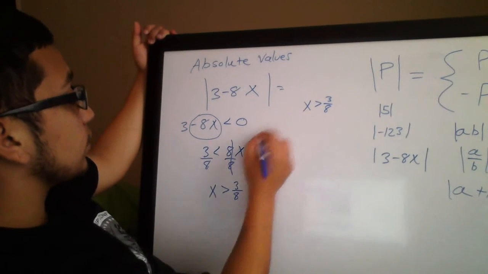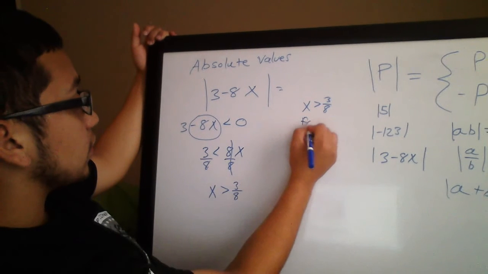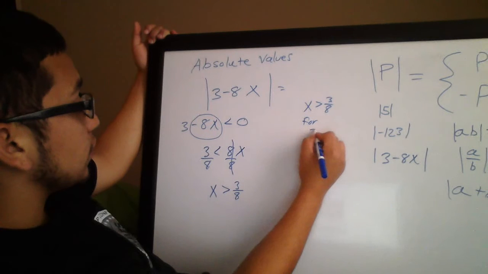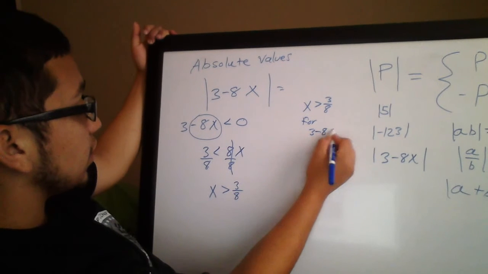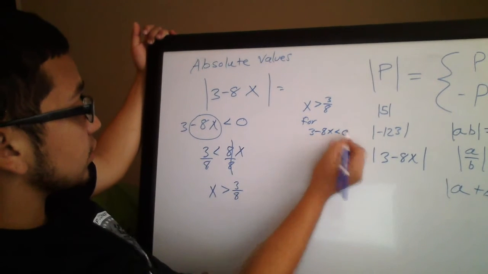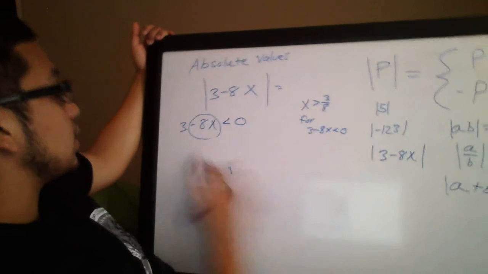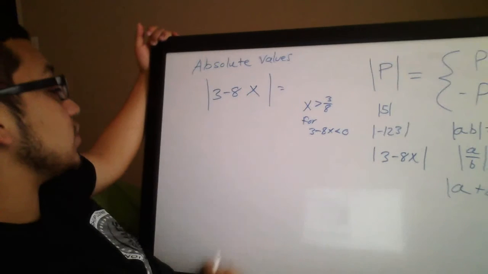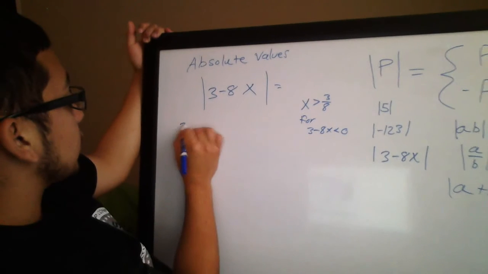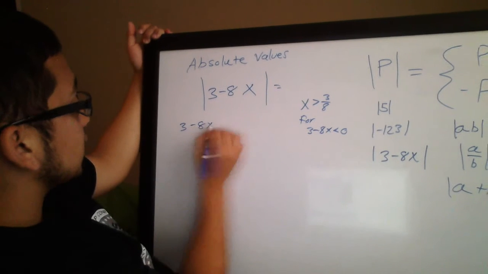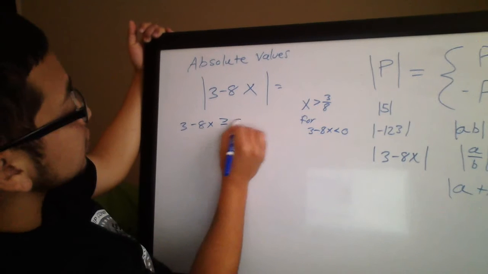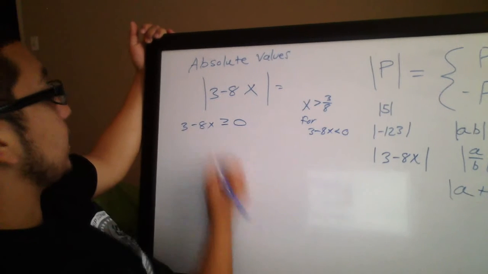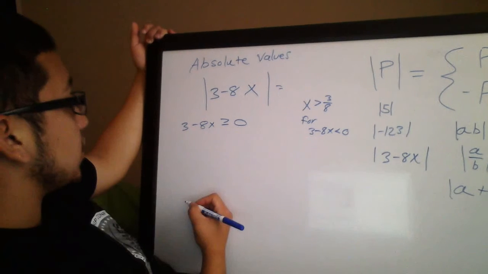for 3 minus 8x is less than 0. Now I'm going to do the other one. 3 minus 8x is greater than or equal to 0. So here we go again.